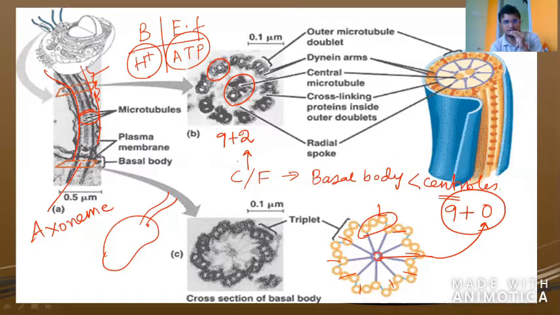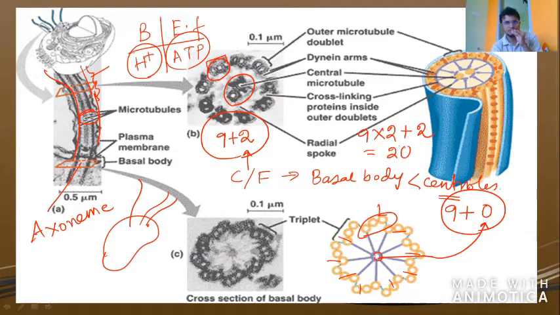So what is the main concept in cilia and flagella? You have a 9+2 arrangement in cilia or flagella. So the total number of microtubules here: that is doublets, so 9 × 2 plus 2, that means 20 microtubules in the section of the axoneme in cilia and flagella.